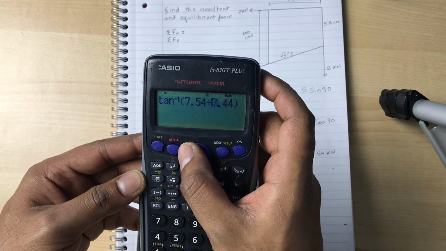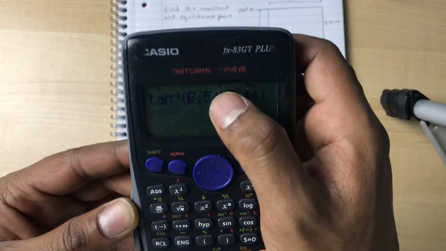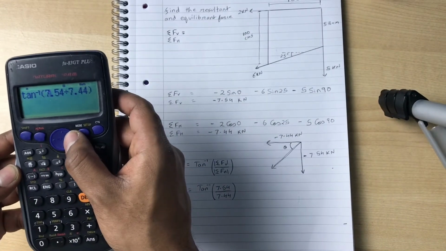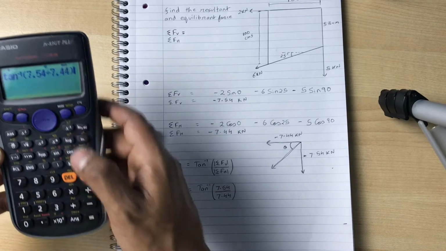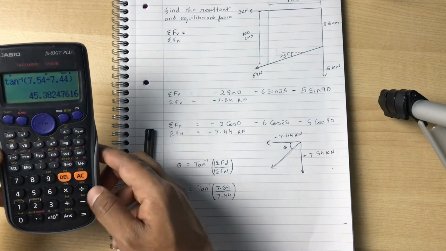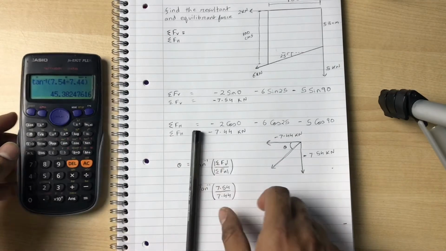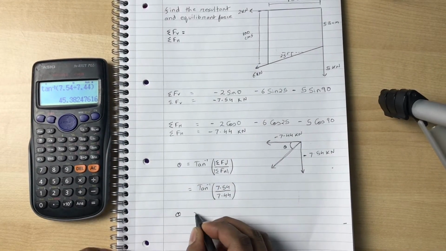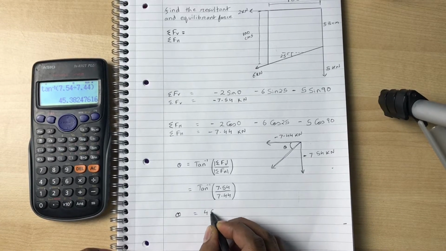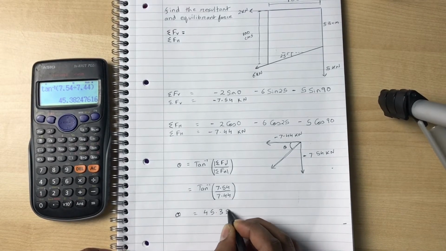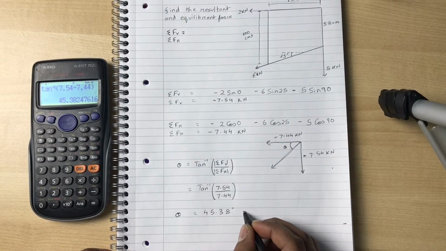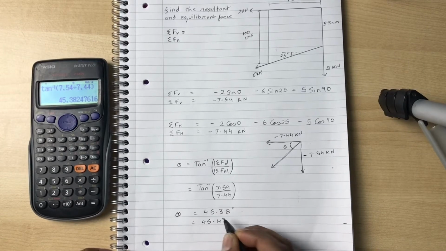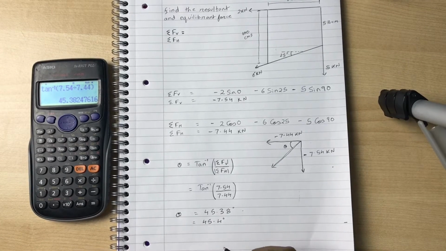Always remember, make sure that your calculator is in degree mode, and hence 45.38 degrees. So my theta will be equal to 45.38 degrees or 45.4 degrees, because you're going to round it up.